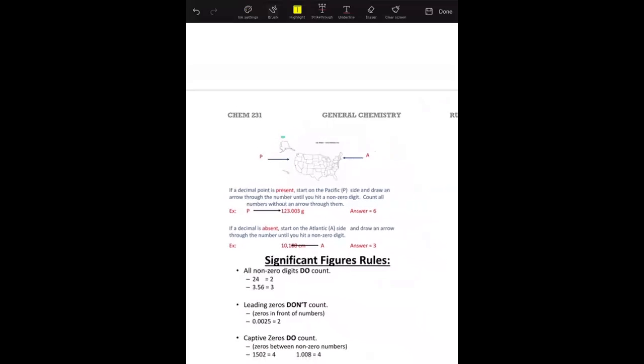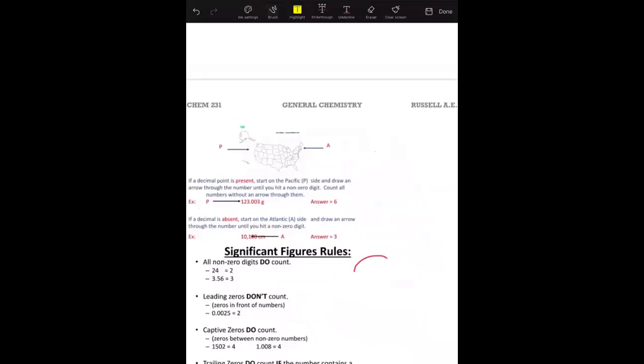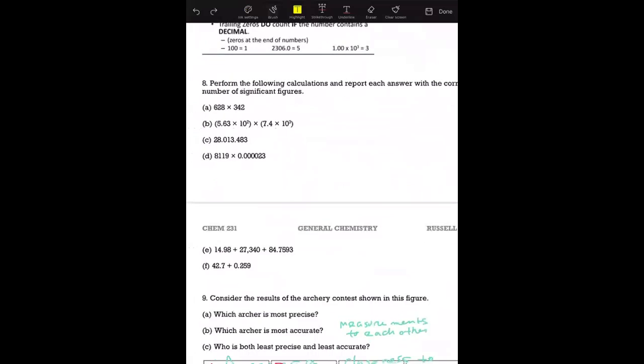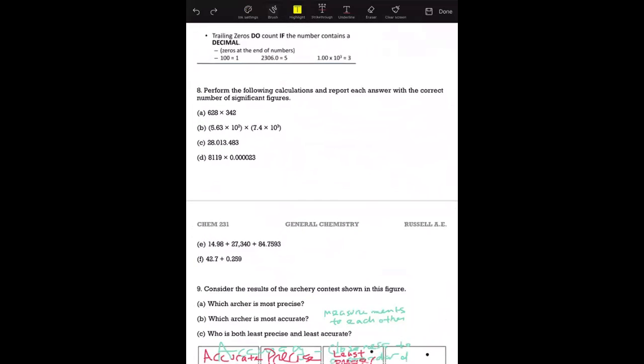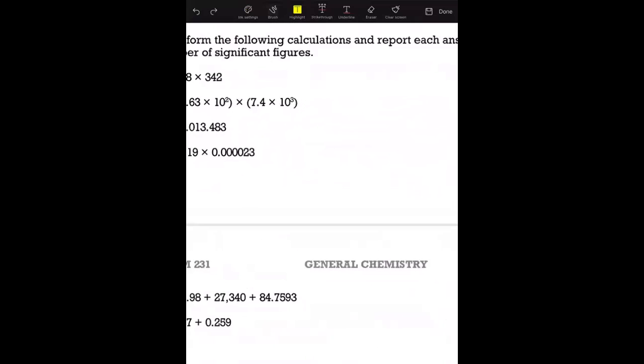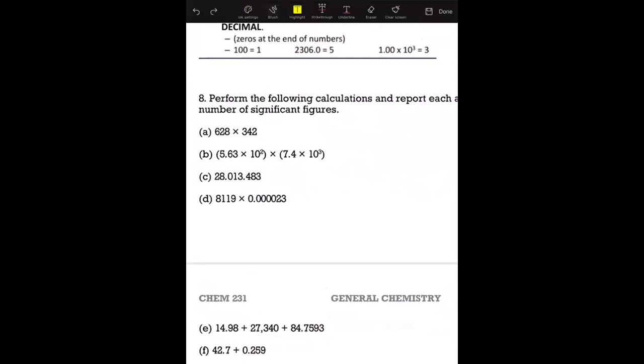So let's do some more of these calculations and see if we can keep track of sig figs and all that stuff. Number 8 asks us to perform the following calculations and report each answer with the correct number of significant figures, right? So this number right here is going to be in the 10,000s.